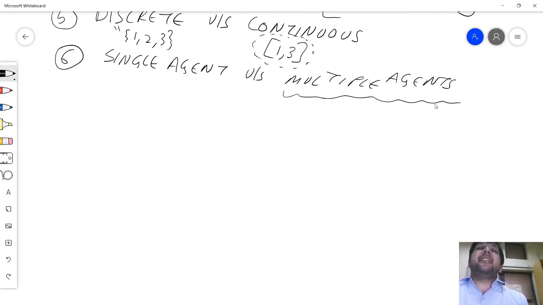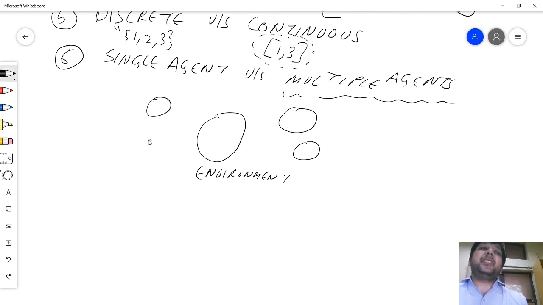So, if there are multiple agents that are simultaneously doing something in the environment, we denote it like this. So that is your environment. And these are agent 1, agent 2, agent 3, agent 4, agent 5. And what each one of the agents does is that it takes reading from the sensor and gives it back to the environment.